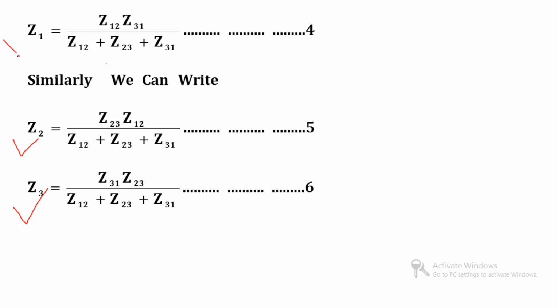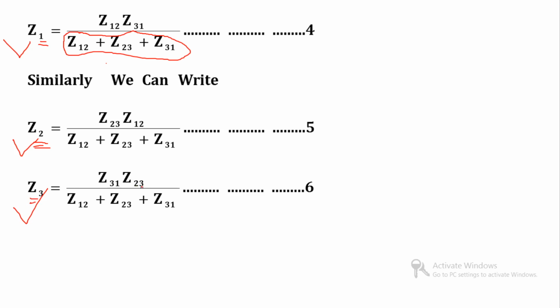So if this is the impedance for Z1, which is Z12 and Z13 divided by the sum of all three impedances of the delta connected load, Z12, Z23 and Z31, then for phase 2 we can write Z2 equal to Z23 into Z12 over the same sum, and for Z3 it is Z13 and Z23 over the same sum.